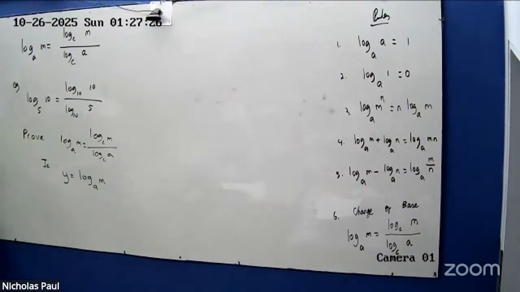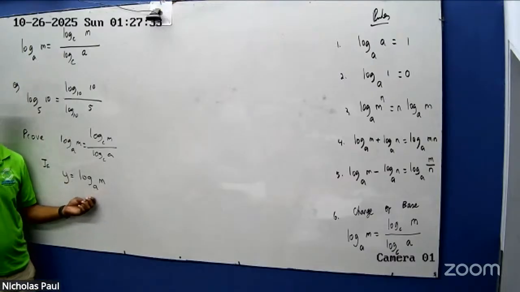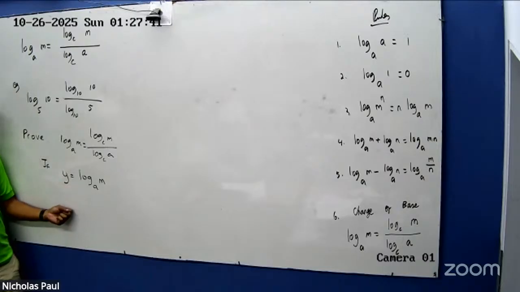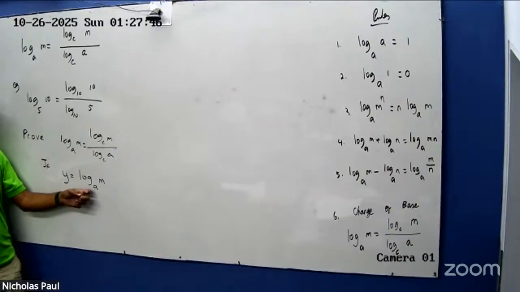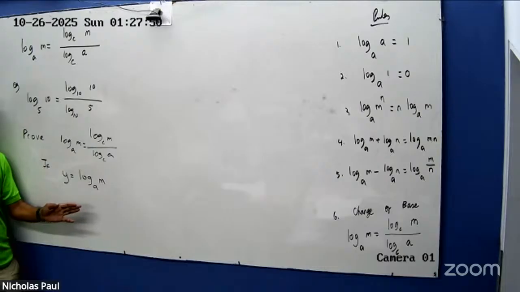So here's how we can prove this. Let's say y is equal to log m to the base a. Can you convert this to exponential form? And then after you convert to exponential form, instead of converting it back to log to the base a, introduce log to the base c.